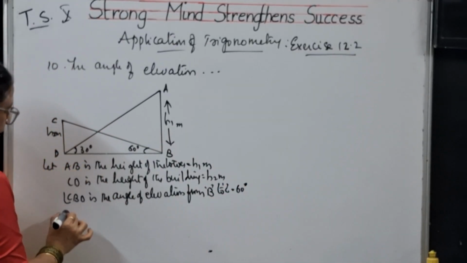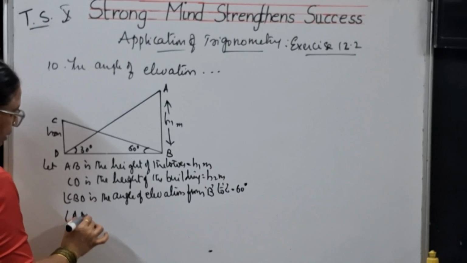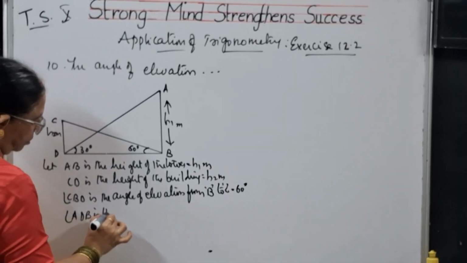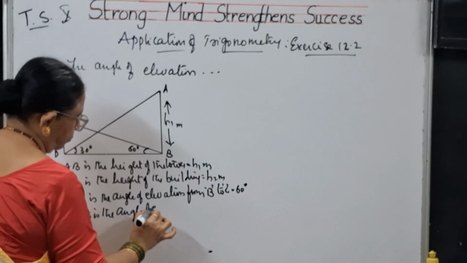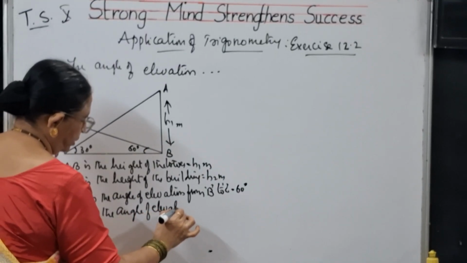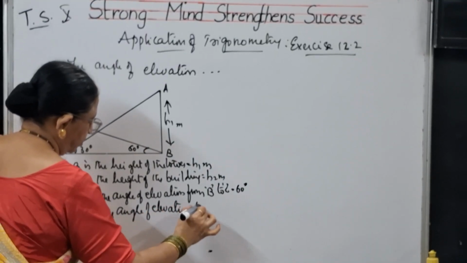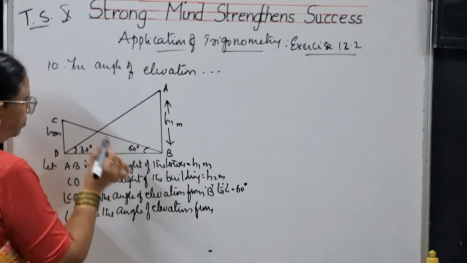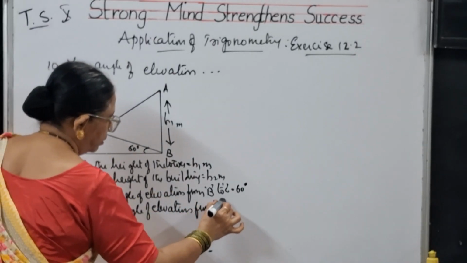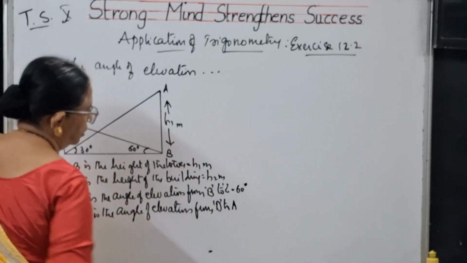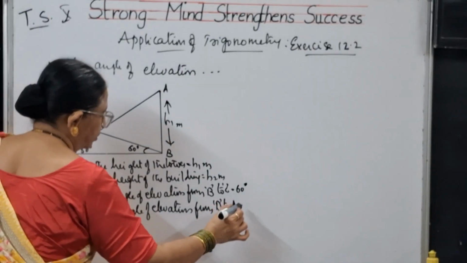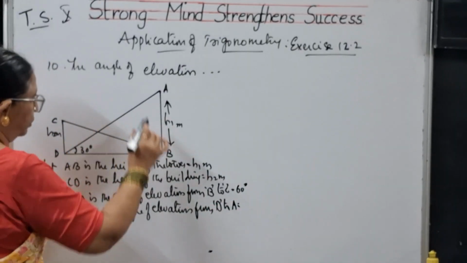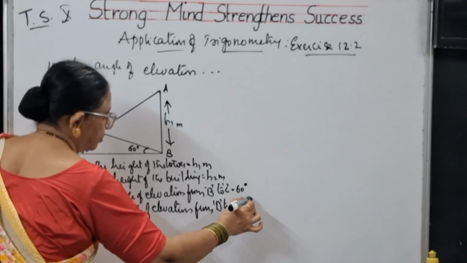Angle CBD. Angle ADB is the angle of elevation from D to A, that is equal to how much? D to A, 30 degrees.